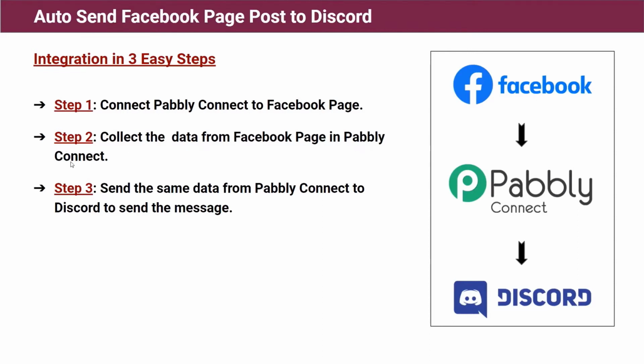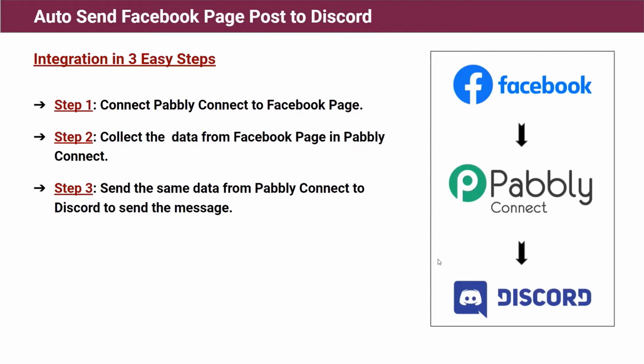So in the second step, we will bring the data from our Facebook page to Pabbly Connect. Step 3 is send the same data from Pabbly Connect to Discord to send the message. So in the third step, we will send the collected data from Pabbly Connect here to Discord as a new message.